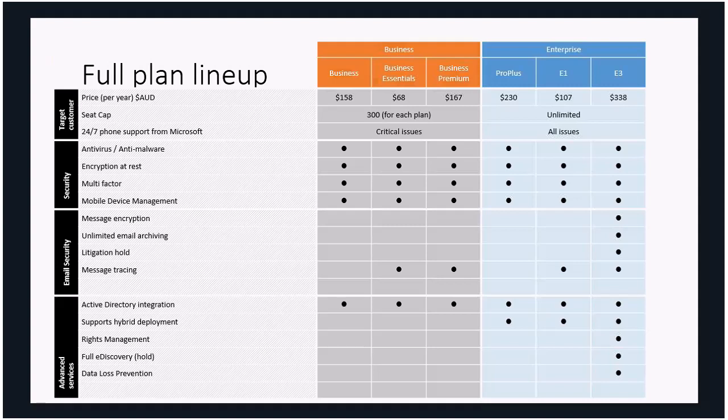So part of the process when speaking to customers is to make sure that you sell them the features and help them understand the benefits of the advanced plans like the E3, what they can achieve, what they can do. Even if they're not doing it today, there is an opportunity for them to start using that because they've generally never had access to it before. So there is an option to show them, and then an option to implement it, develop a policy and help them secure their information much better than they probably currently are.